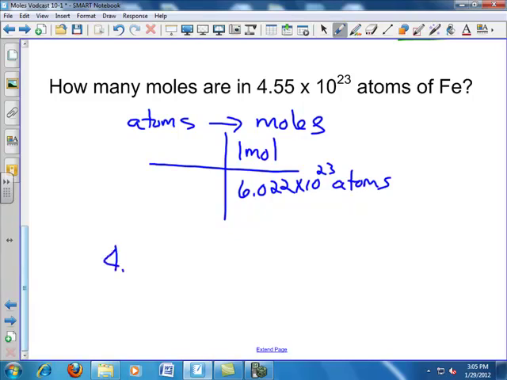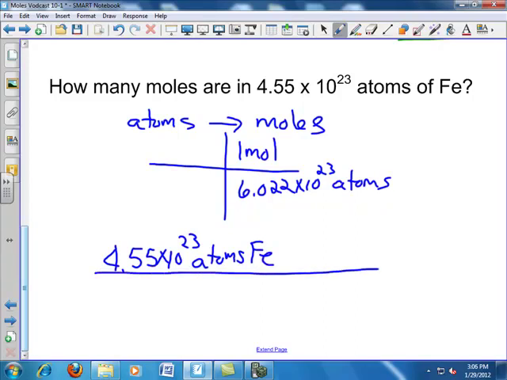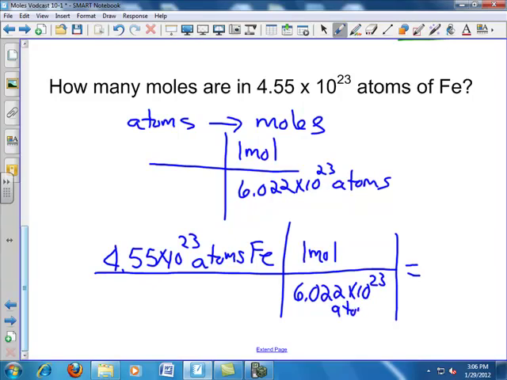So if I put out 4.55 times 10 to the 23rd atoms of Fe, I'm going to use Avogadro's number to get to moles. I'm looking for moles. They go on top. Avogadro's number goes on the bottom. And this would be atoms in this case.